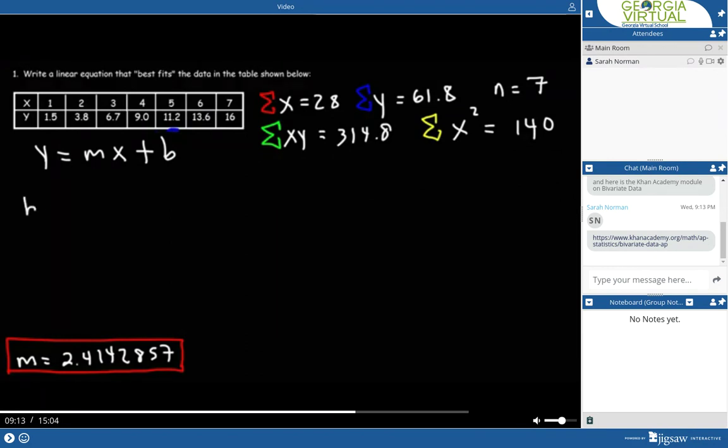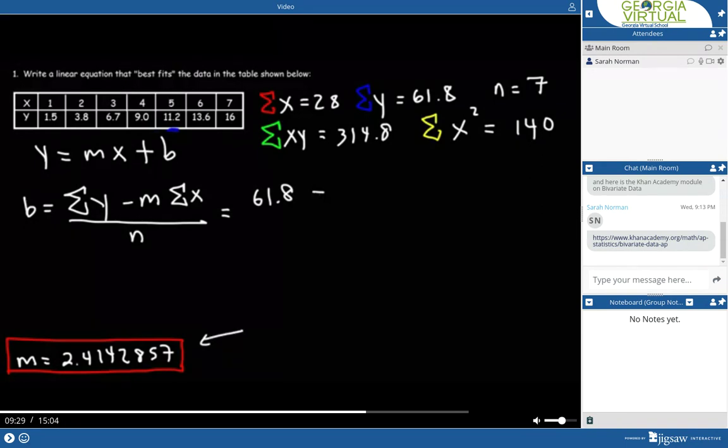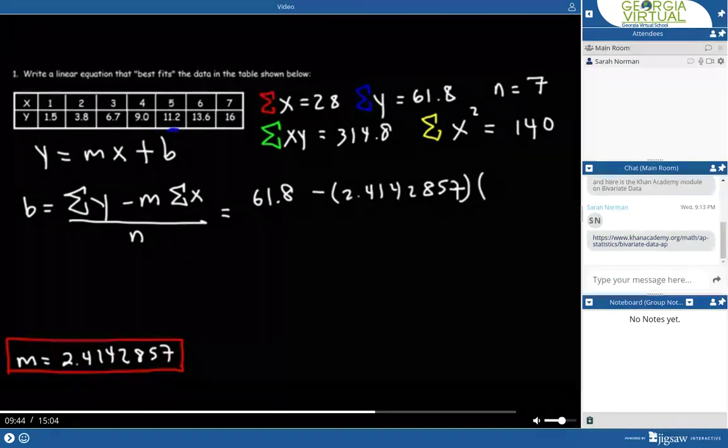Now let's calculate the y-intercept, b. This is going to be the sum of the y values minus m times the sum of the x values, divided by n. So the sum of the y values, that's 61.8. Our m value, we're going to use the most accurate number that we have to get an accurate b value. So this is 2.4142857. If we round it too early, it will affect our b value. That's why I don't want to round it too early.